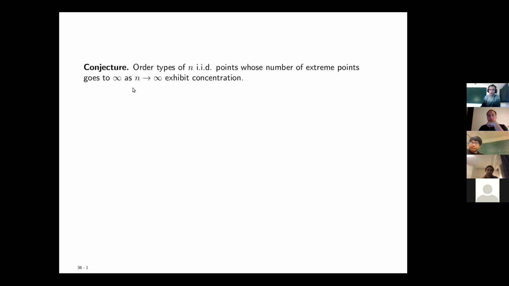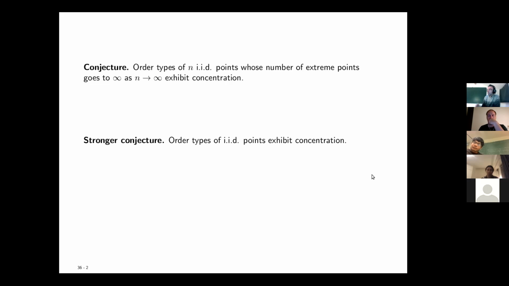If you remember the proof that I went through, we use two facts. We use that the expected number of extreme points goes to infinity, and we use that this number was sufficiently concentrated. So we conjecture that the concentration is really not essential here. And we actually believe that sampling points identically is hopeless.